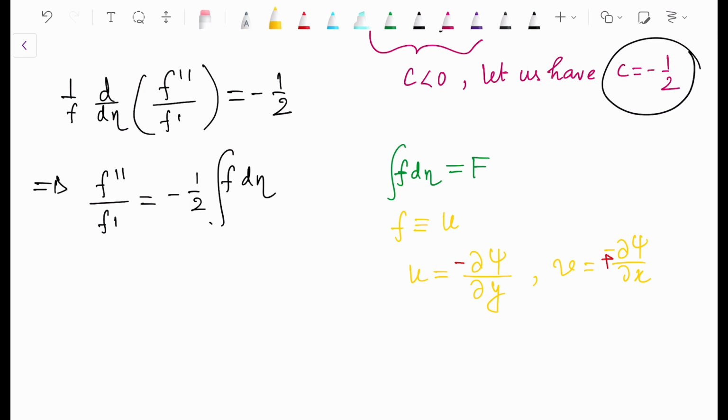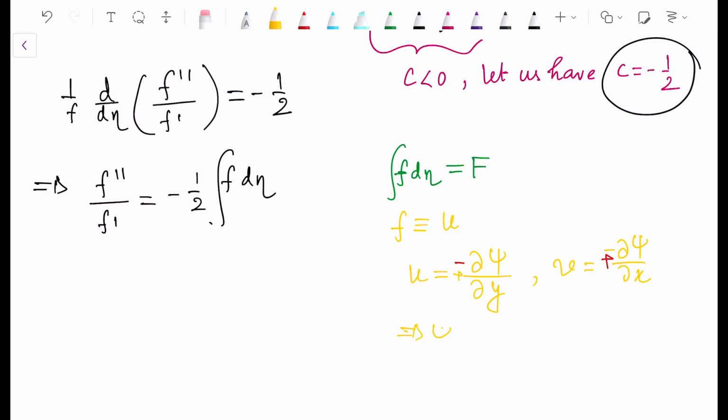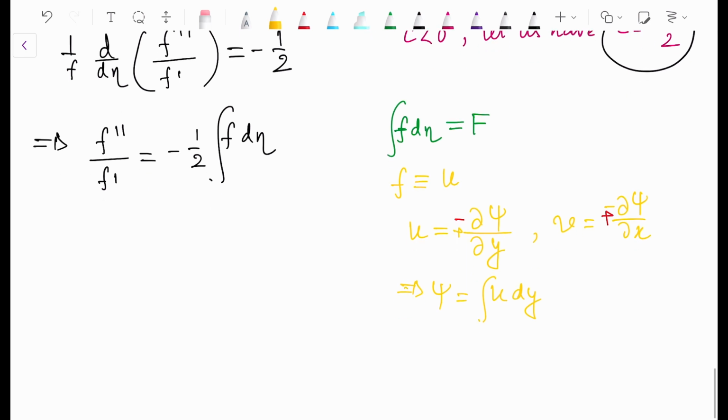Okay, so then u is defined as del psi del eta, and psi is defined as u dy. See that instead of u I can have an equivalent thing of f, and y is equivalent of eta.